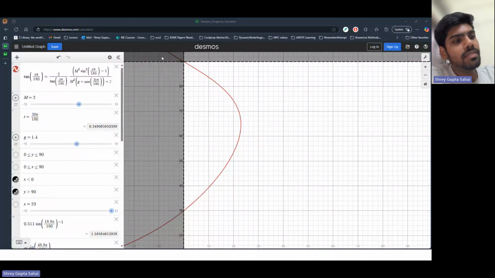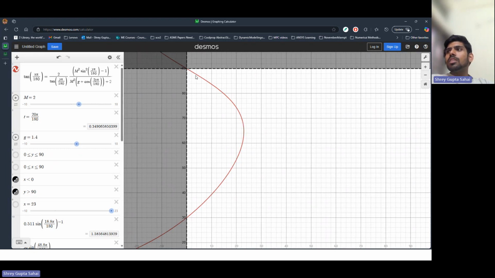Tables do not give a graphical understanding. You don't understand what is going on. And even the first problem today is going to understand this tan theta beta relationship. What are the deep intricacies of this relation?